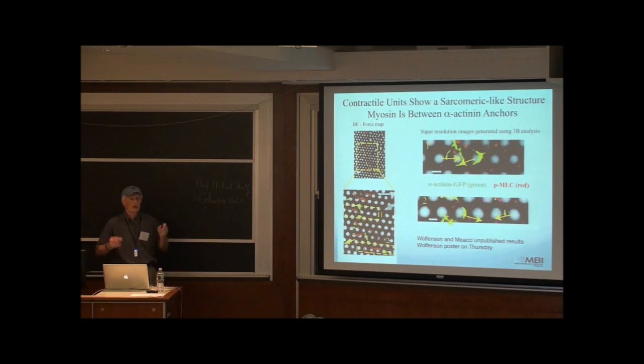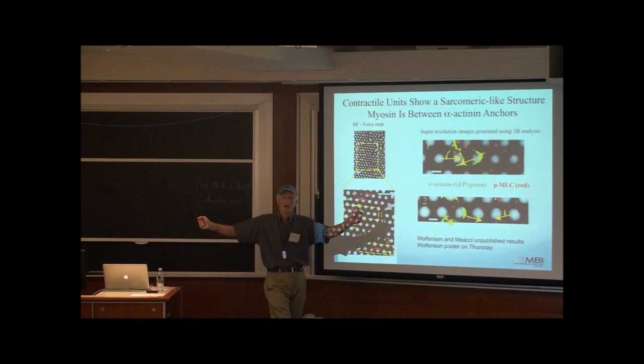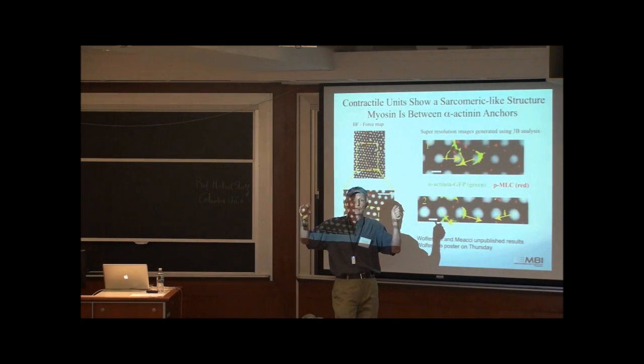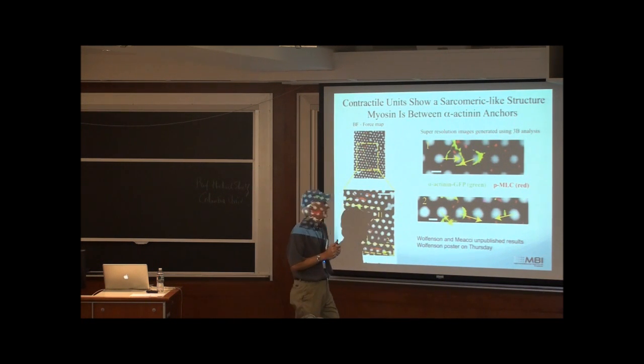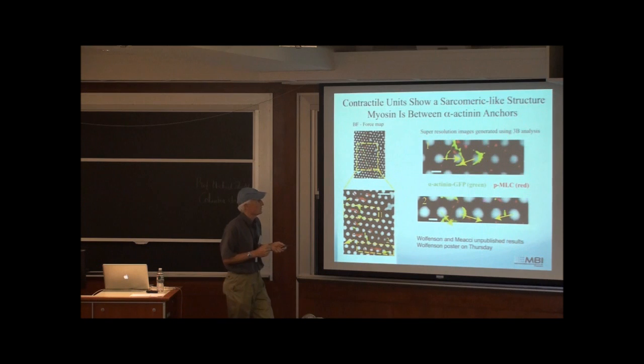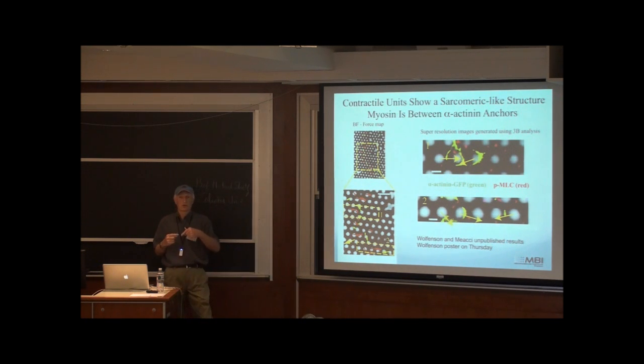If we now ask the question of what is anchoring the actin to these sites or to the pillars, we see that alpha-actinin correlates both in time and in position with the contractions.